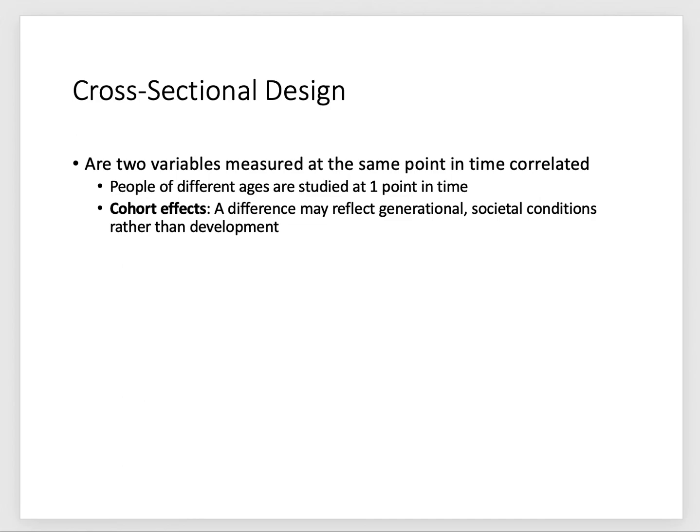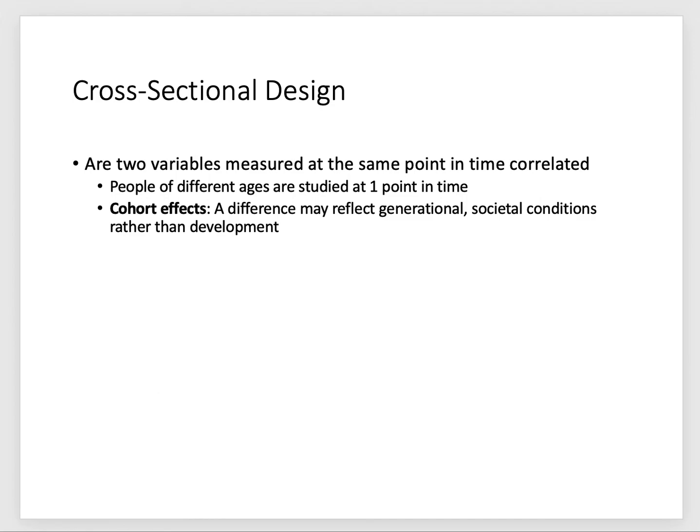A cross-sectional design might look like this: today I collect a sample of people, and a quarter of my sample is in their 20s, a quarter is in their 30s, a quarter in their 40s, and so on, a quarter in their 50s. So my sample is broken up by different ages.